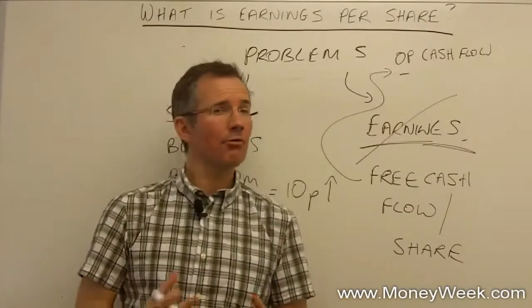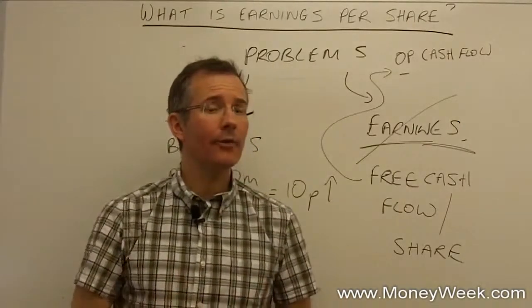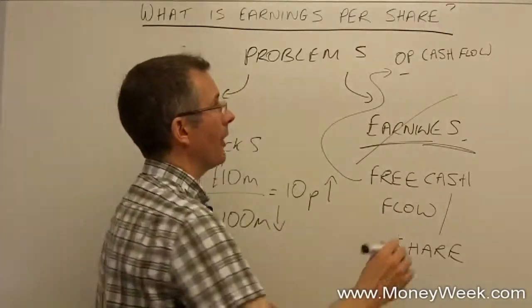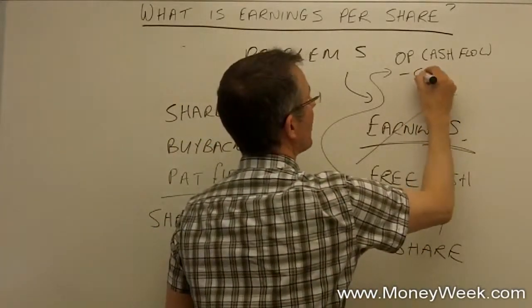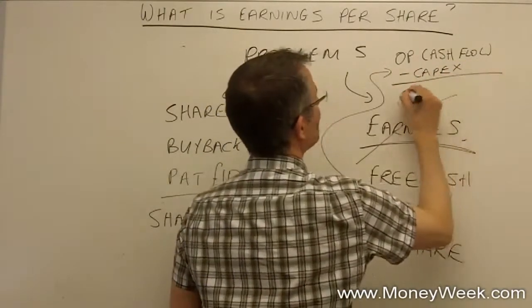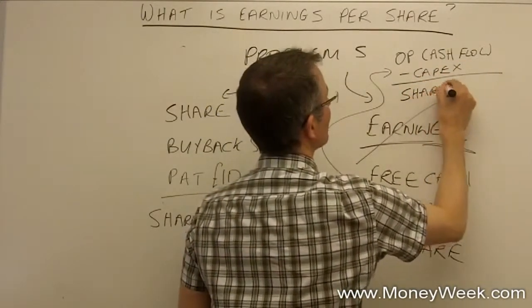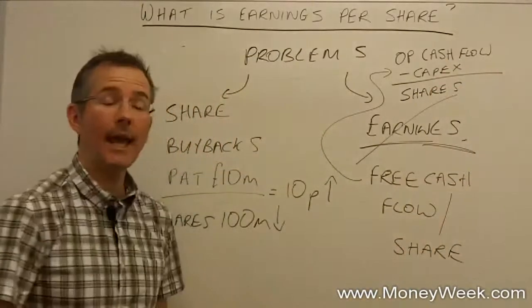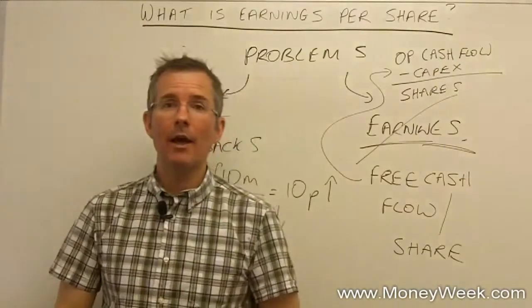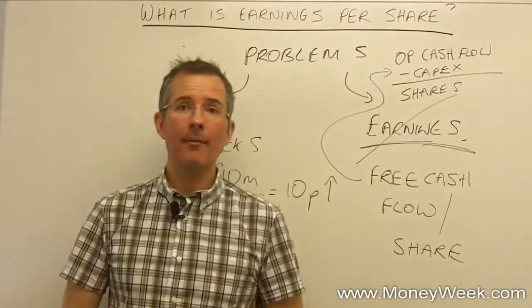And by the way, a proxy for that is the depreciation expense for the year, but only a proxy. So we'll take out what we might call essential capex, and then we'll divide by the number of shares in issue. Maybe the 100 million again. And that will give us, in pence, cash flow per share rather than earnings per share.